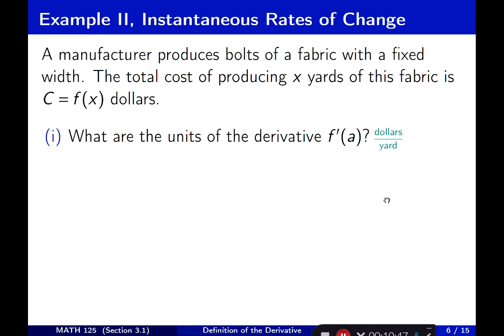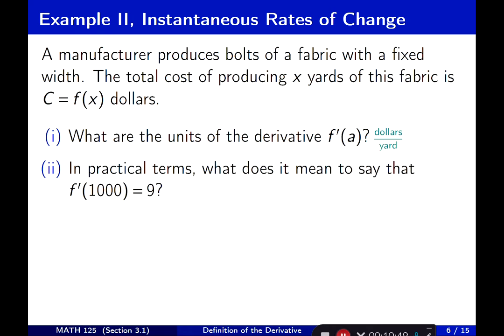Now the next question. In practical terms, what does it mean to say that f prime of 1000 is 9? What is f prime? f prime is basically the limit of the average rate of change.